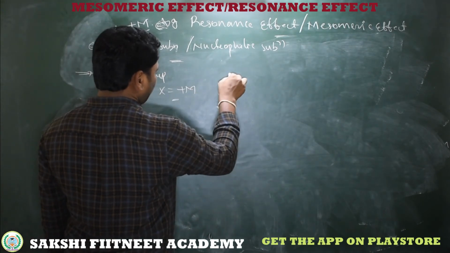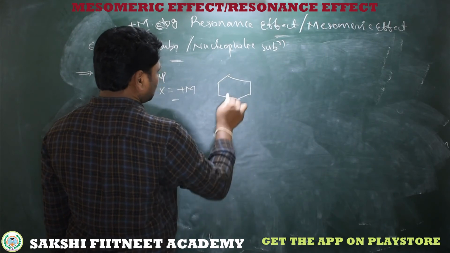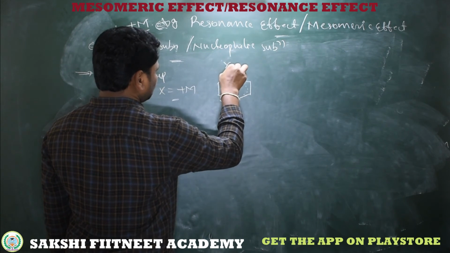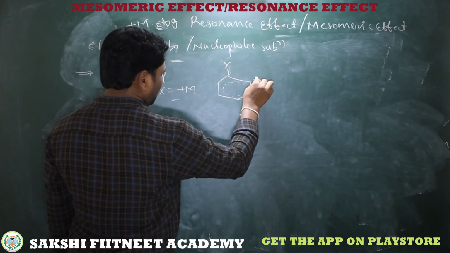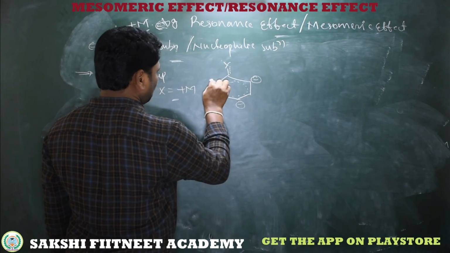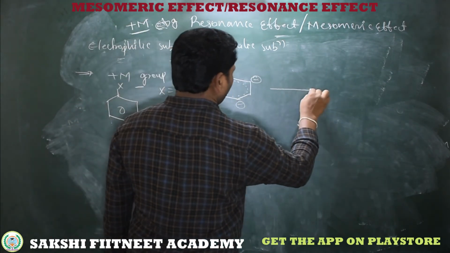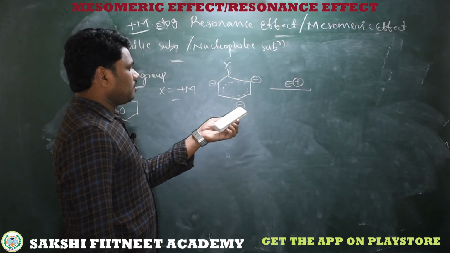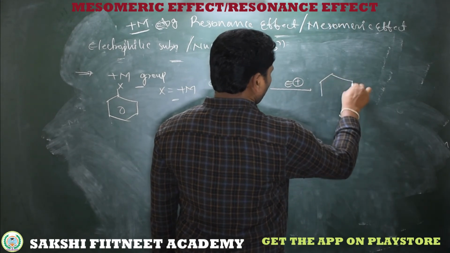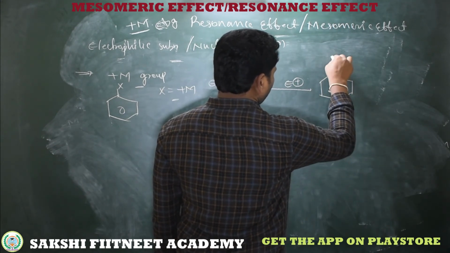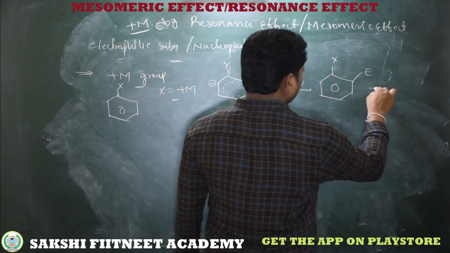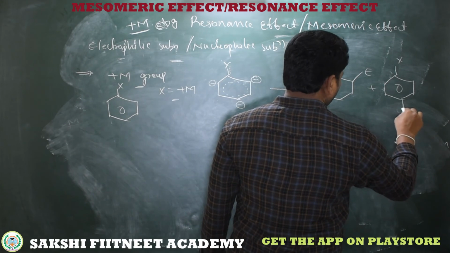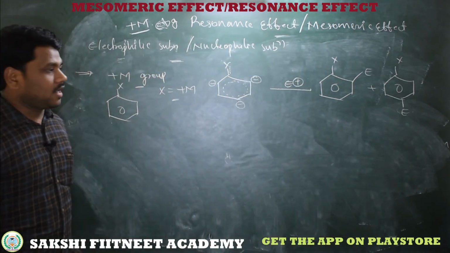So in the resonating structures, due to the plus M group, we will get negative charge at ortho, para, ortho. So when we take an electrophile, obviously it attacks at ortho or para. So we'll get a mixture of products. One is ortho substituted and one is para substituted.